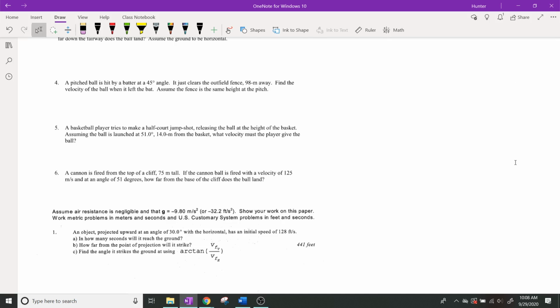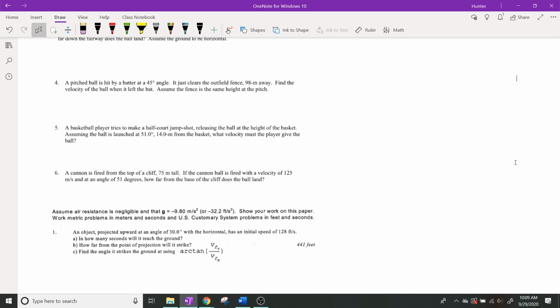Number 5 also has a range and an angle. Number 6 does not. It says that it's 75 meters tall. That's not a range. So the range formula won't work for height. The range will only work in the x direction. So number 6 cannot be solved with the range formula immediately.